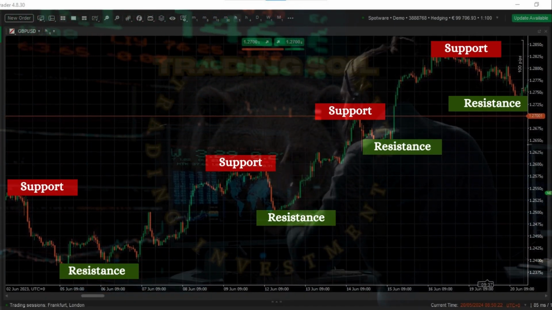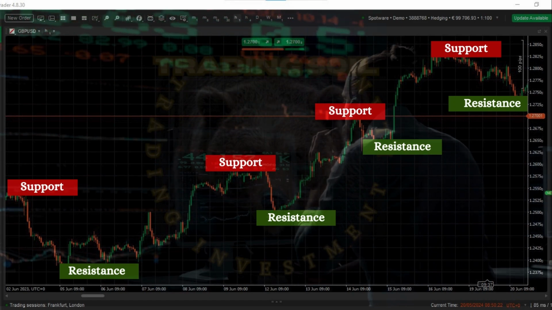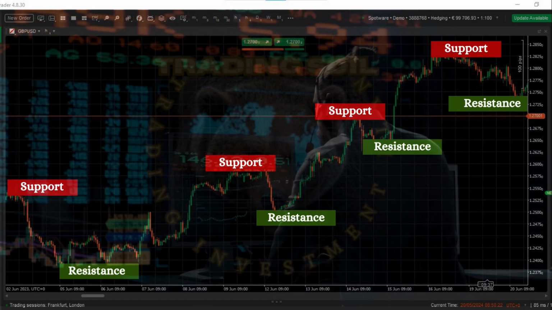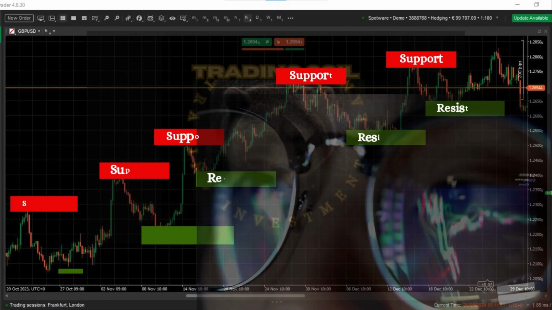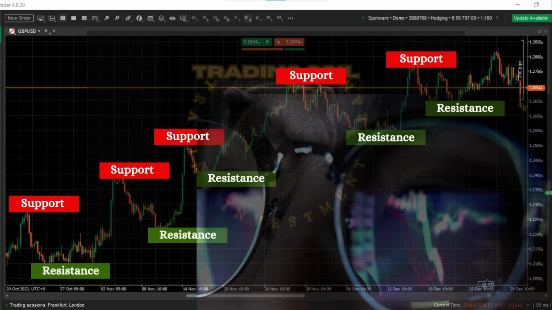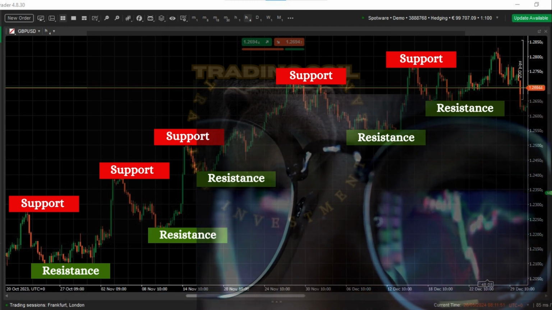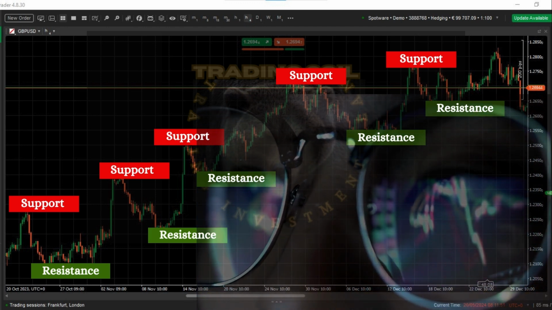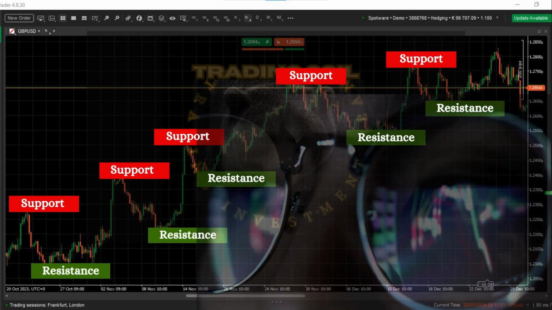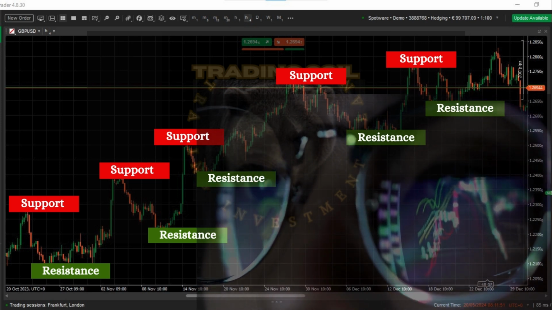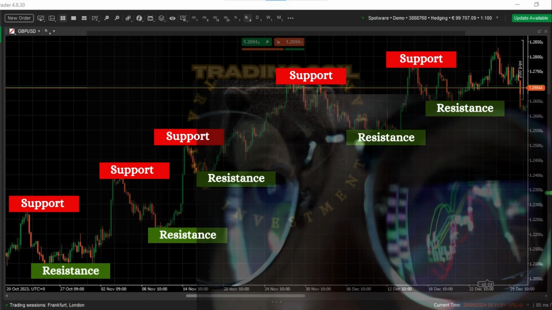So when it gets to the limit of their resistance point, they will resist the price from continuing going down, and they start pushing it to the upside again. And that is what is going on in this uptrend. So they are the ones supporting the price to pull back, and they are the ones resisting the price to push up.